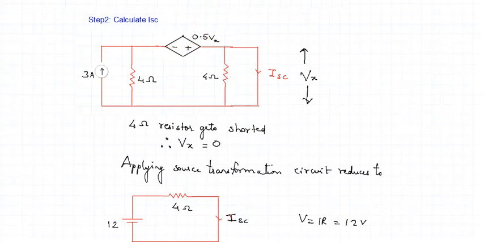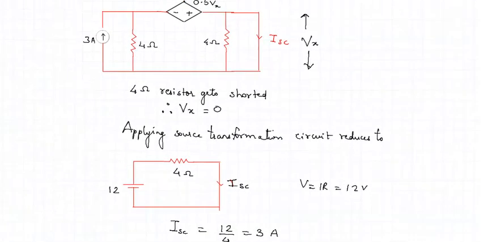To simplify, we will apply the source transformation. First we apply source transformation to these two elements of the network and convert this into a voltage source in series with the resistance. Since all these other elements are now 0, there is a short circuit.